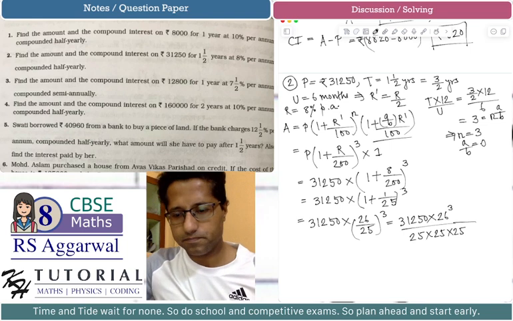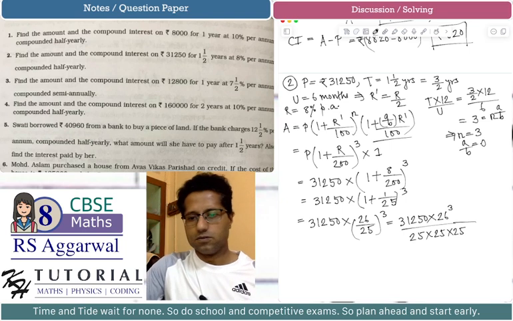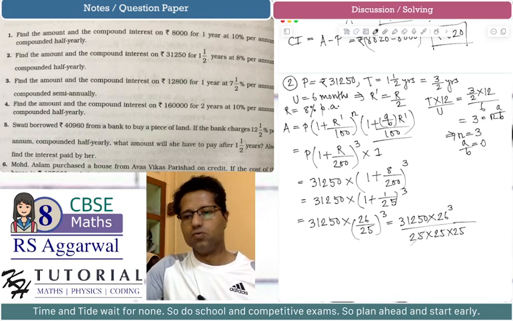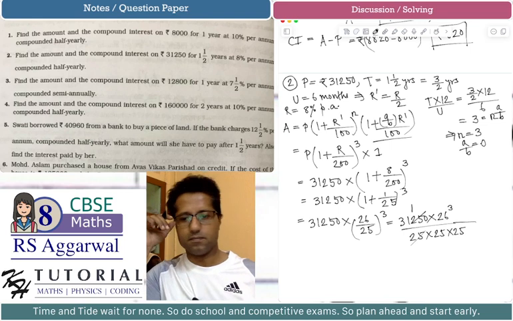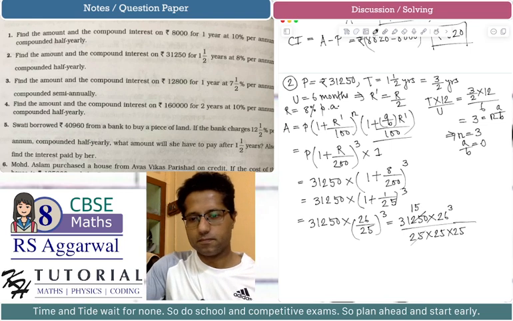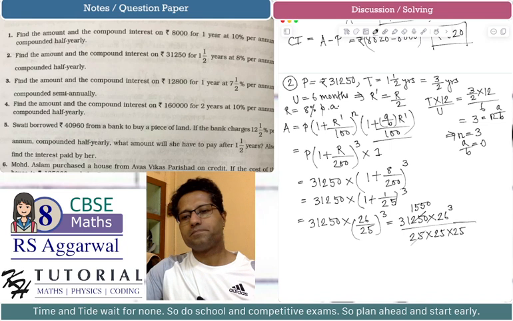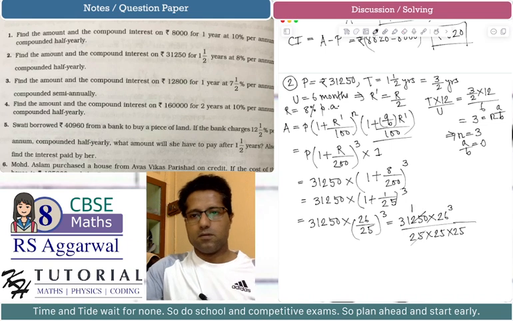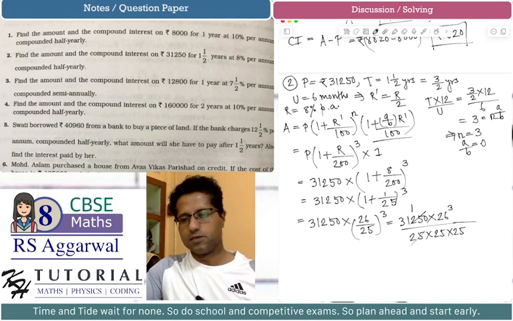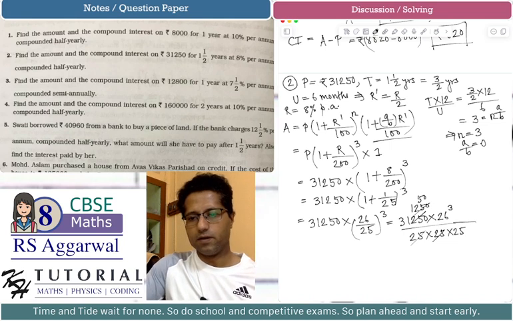Now I guess 25 cube is, so 25 will divide 31250 with 1250 and then 25 divides 1250 with 50 and 25 divides 50 with 2.